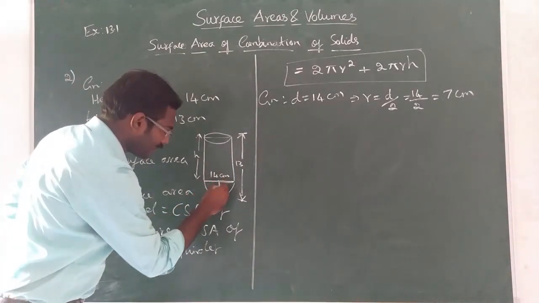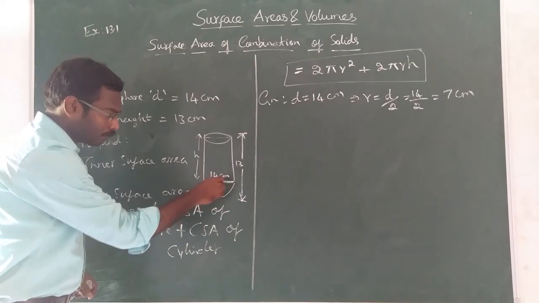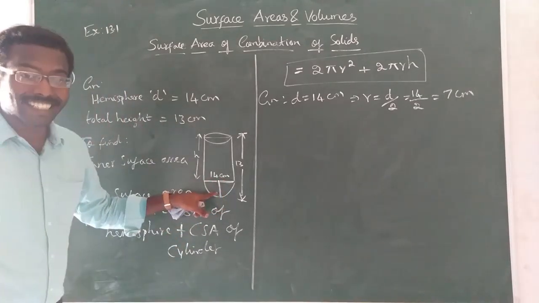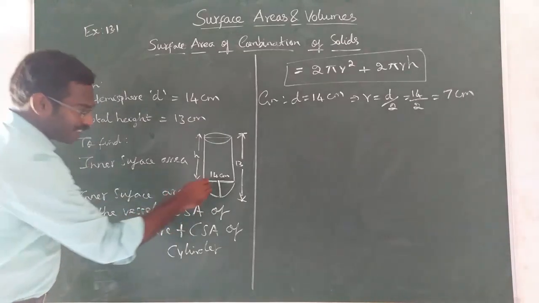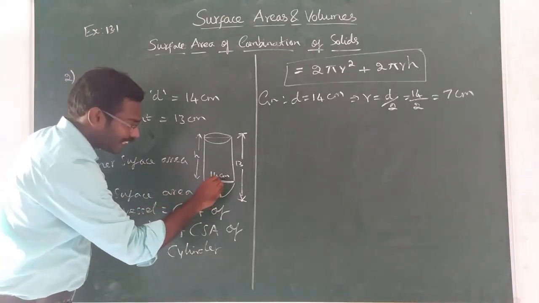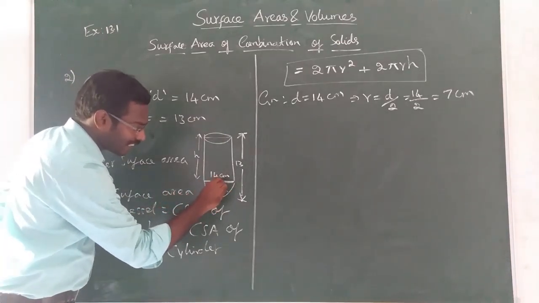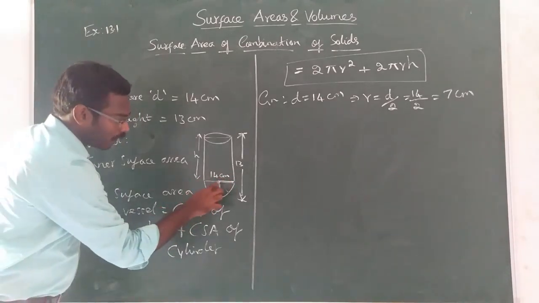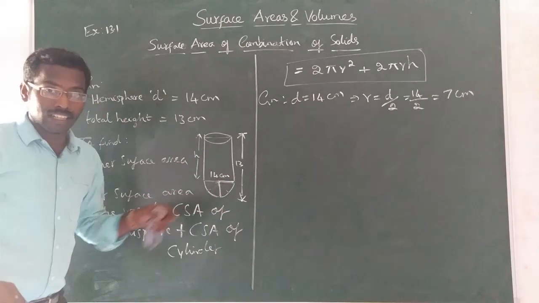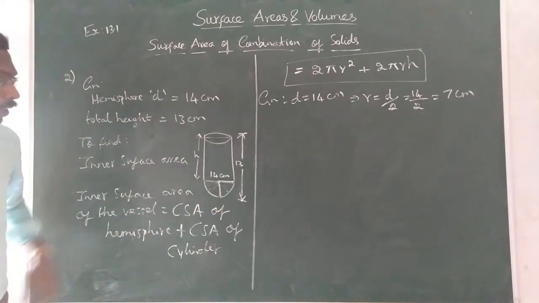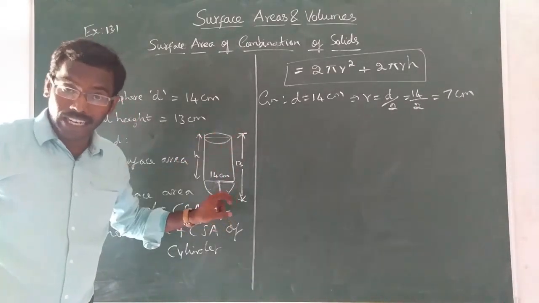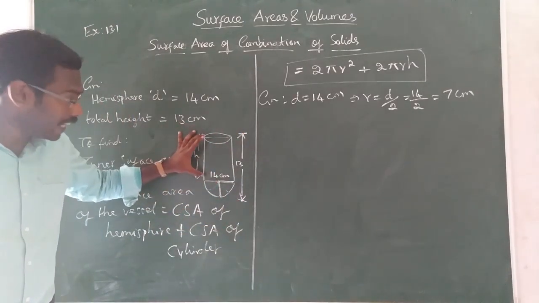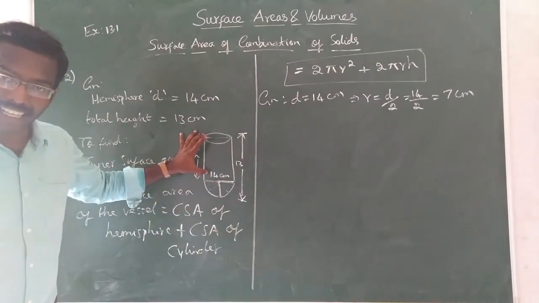This is a cylinder, this is a hemisphere. In a hemisphere, what is this part? This part is nothing but the radius. If we consider this as the center, this is a radius, this is also a radius. Therefore, this part is nothing but the radius. Now, from the total height, if you subtract this radius, you will get the cylinder height. Understood?